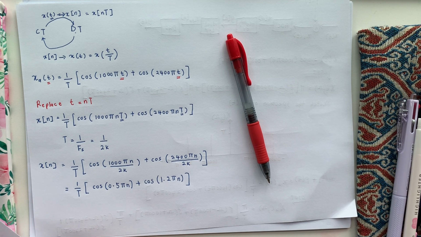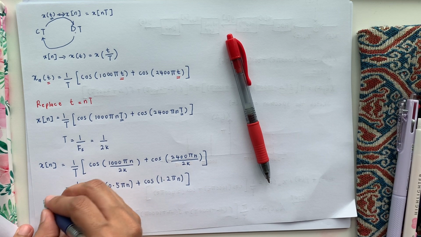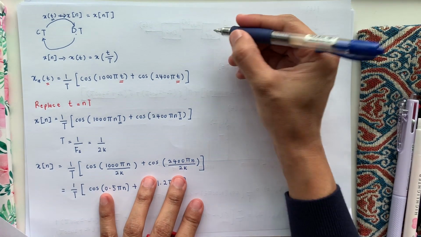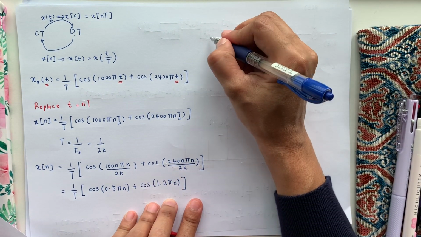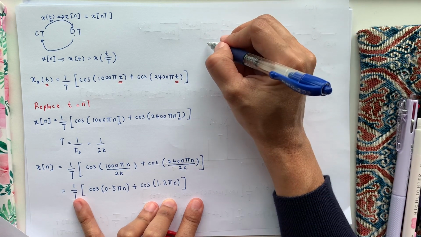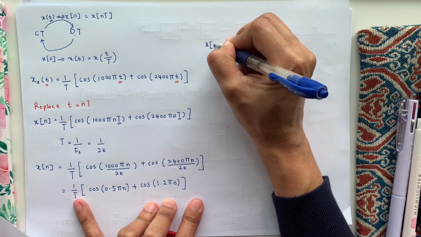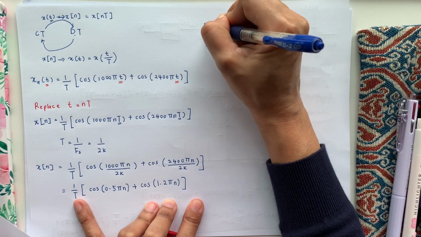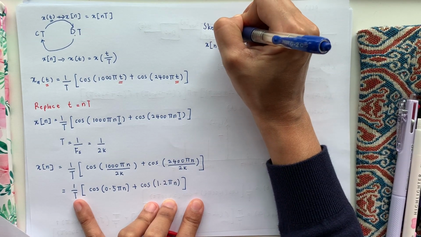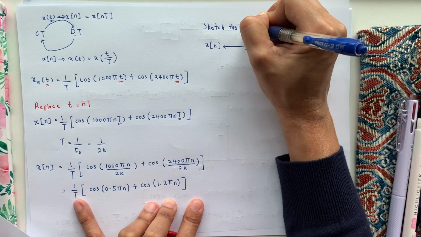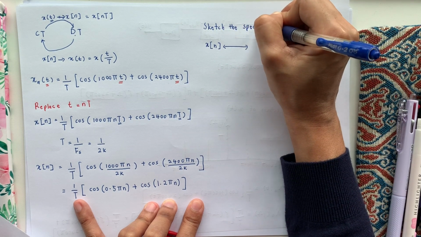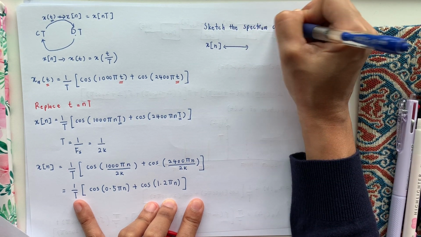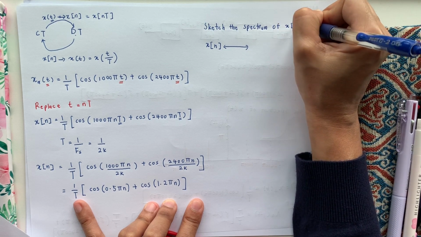So if you are asked to sketch the spectrum of x[n], this one is very easy. The keyword is spectrum. Sketch the spectrum of x[n].